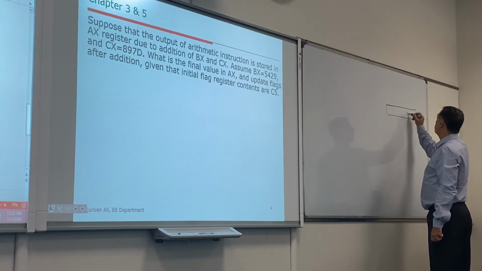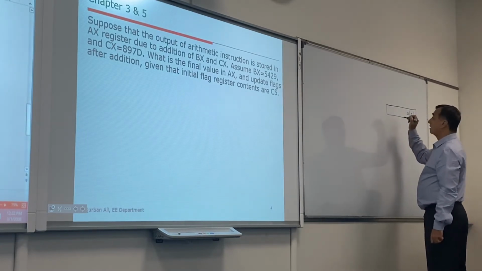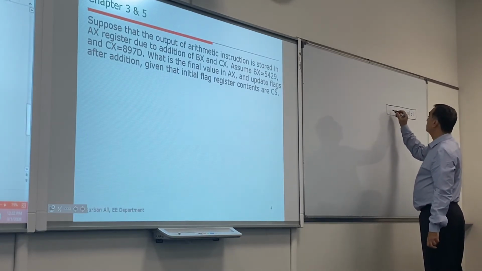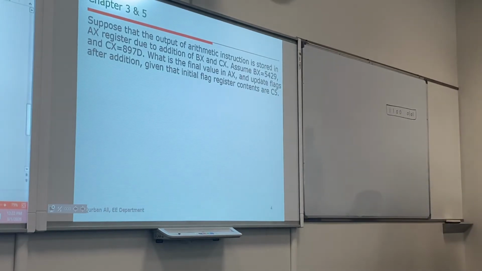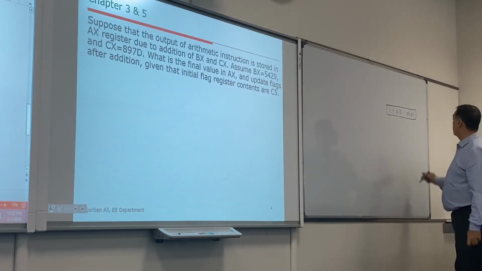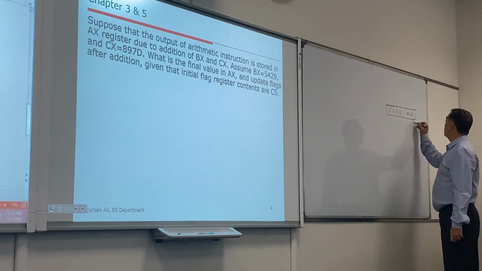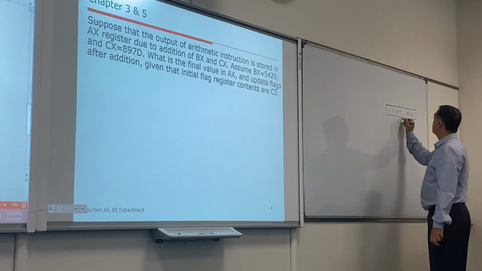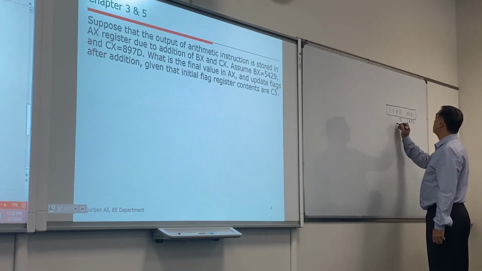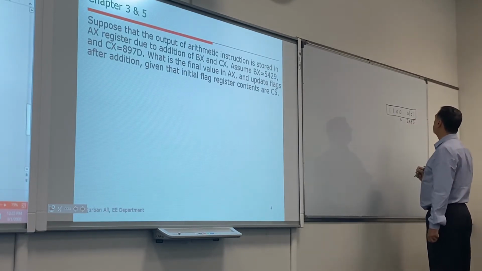5 is, and C is 1100. Okay, these are the flags. This one is a carry, parity, auxiliary, 0, sign. What are the other ones?